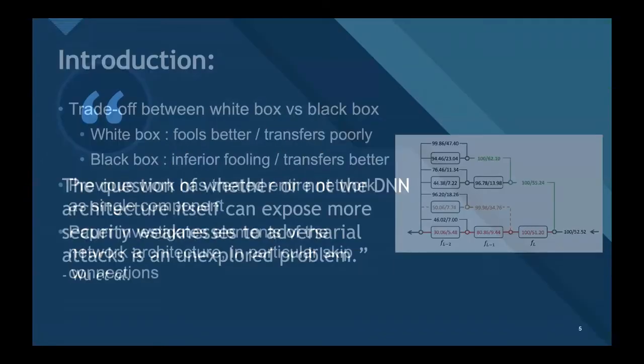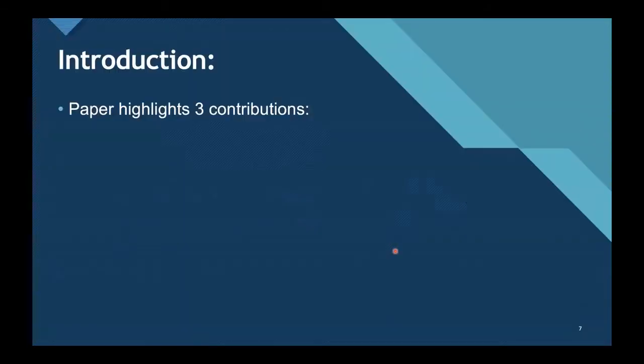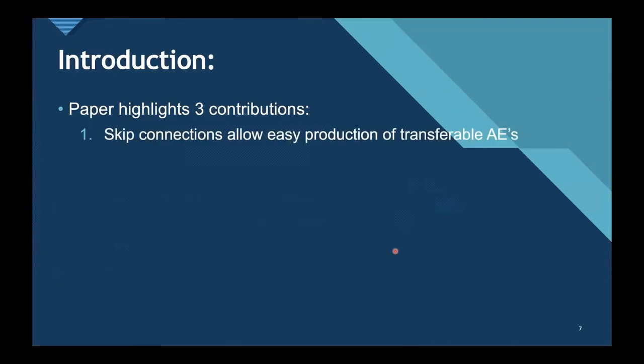So going on, the question of whether or not a deep neural network architecture itself can expose more security weakness to adversarial attacks is an unexplored problem. And they do explore this question. The paper lists three contributions. The first one is what we could call a vulnerability: the skip connections allow easier prediction of highly transferable adversarial examples.